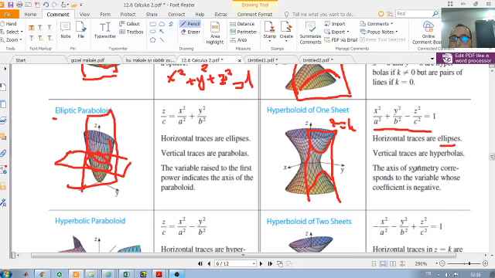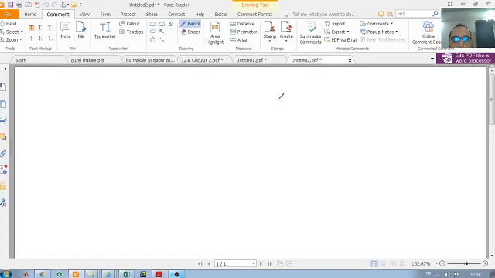Therefore, the axis of symmetry corresponds to the variable whose coefficient is negative. Another form, for example, can be given as minus x squared plus y squared plus z squared is equal to 1.